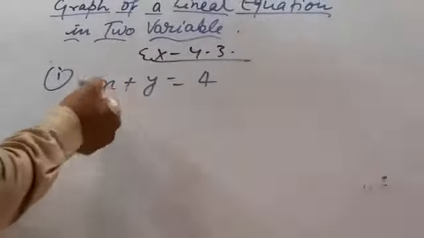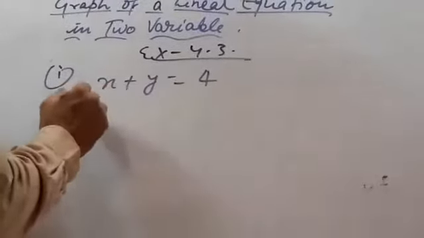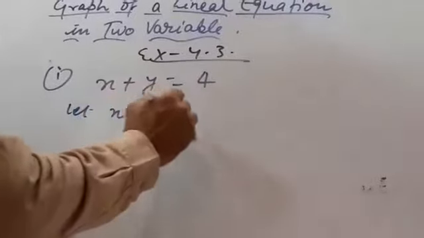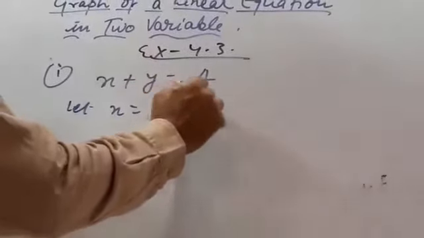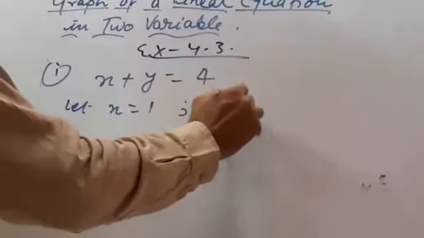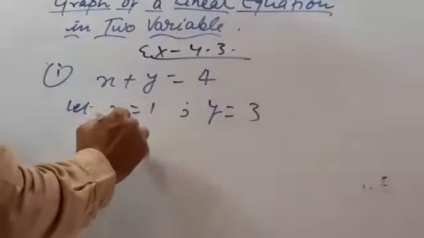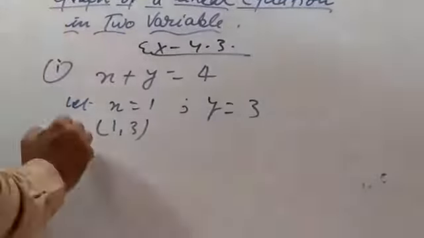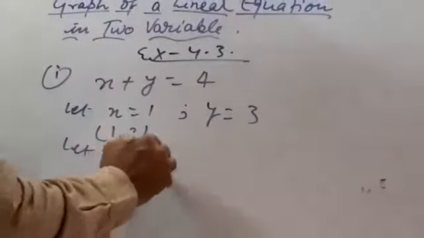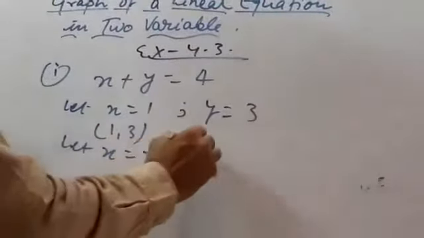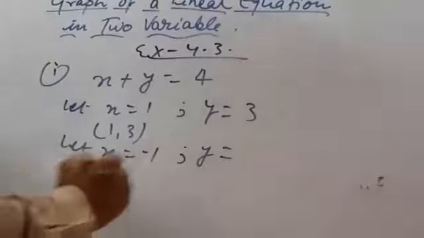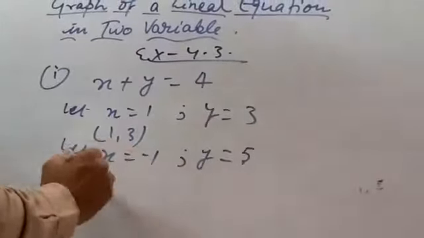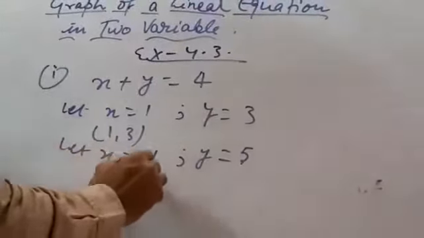So what we need to do is let x is equal to 1. Then y is equal to 3. So the very first solution we have is 1 comma 3. We need one more. Suppose let x is equal to minus 1. Then y is equal to 5. So the other solution is minus 1 comma 5.